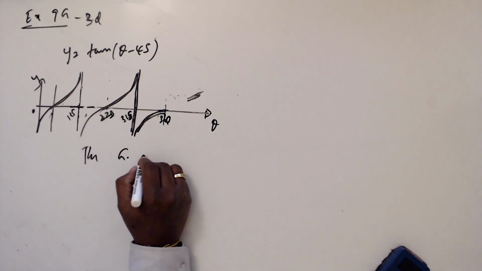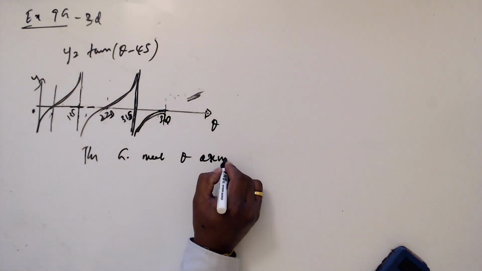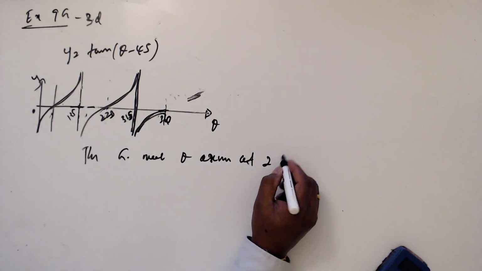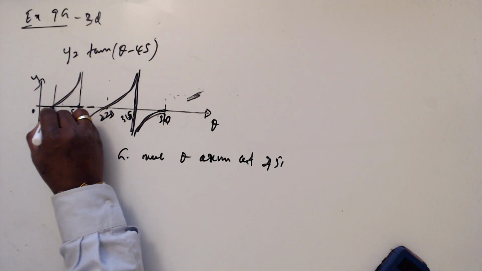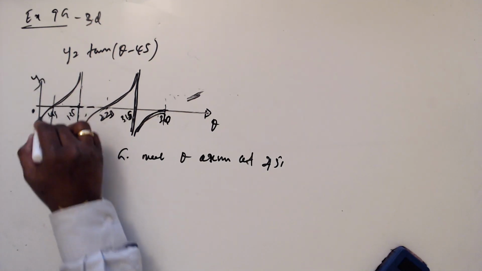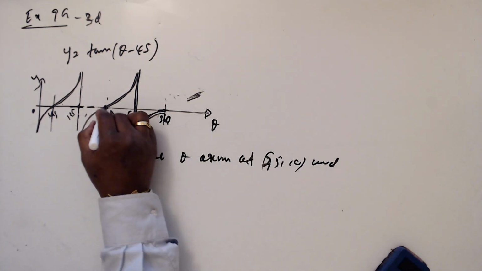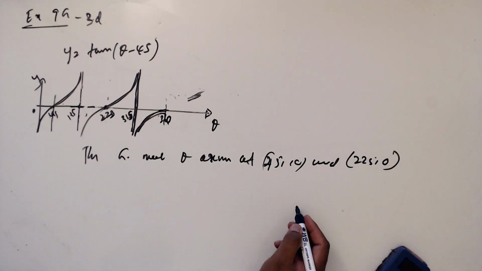The graph made theta axis at 45. This is y axis, this is 45, 0 and 225, 0.